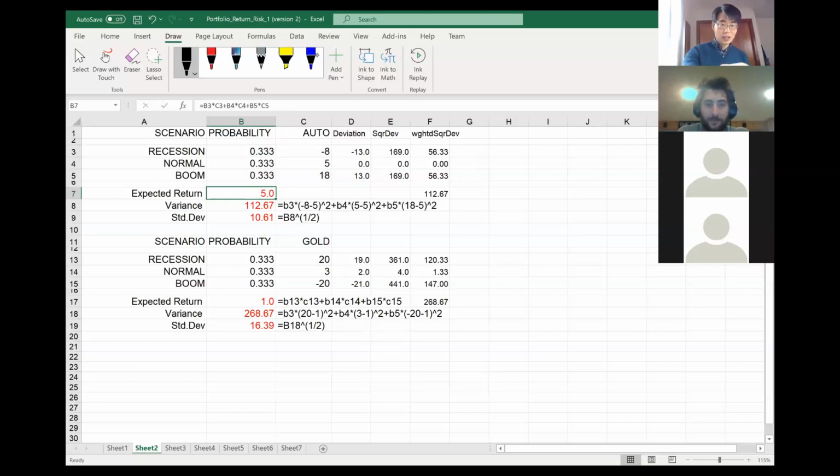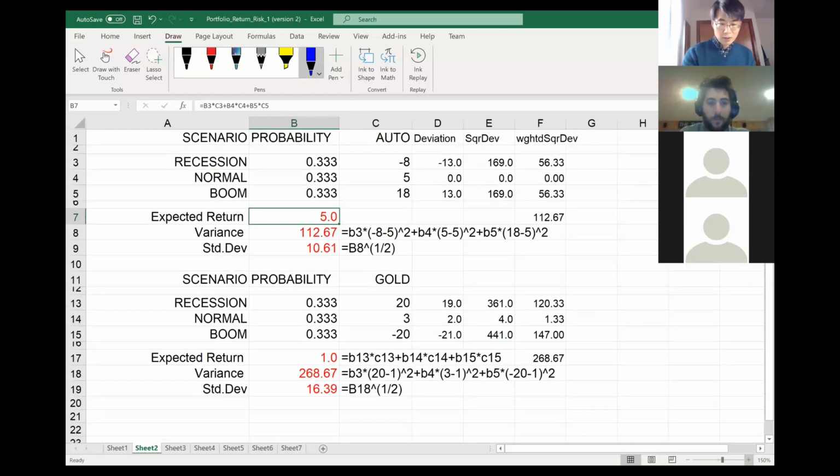So the expected return is simply the weighted average of the rate of return for each possible case, right? So the key here is that this is the weighted average of returns. And the weight is the probability for any event to happen.